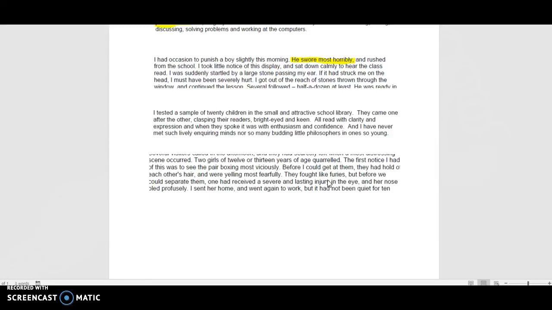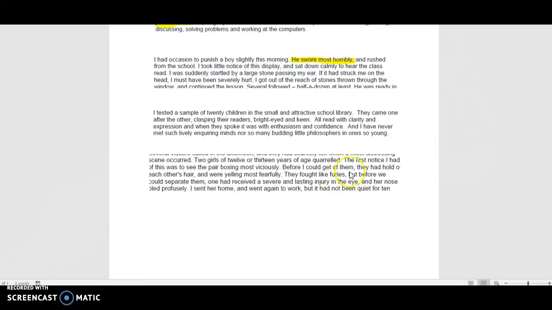So we could say that another difference is in source A, the children are described as bright-eyed and keen, and they were happy to be tested by the inspector in the library. However, in source B, it describes how two girls were fighting so badly that one received a severe and lasting injury. Again, what can we infer from that?